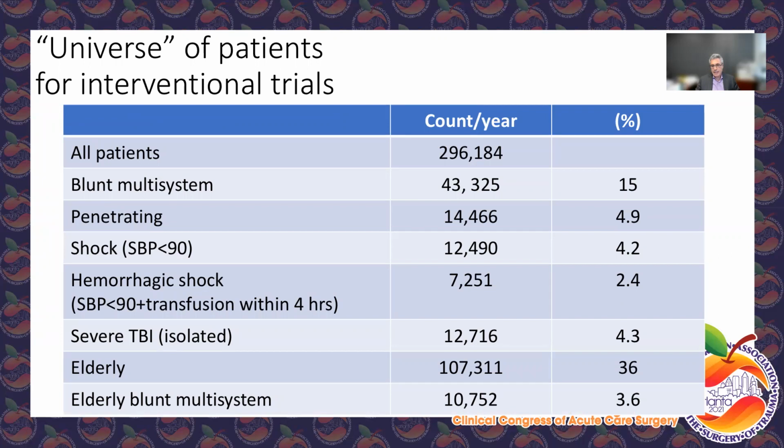Severe TBI, isolated, 4.3%. If you take out the isolated requirement, then about 6.7% of patients meet severe TBI criteria. So this gives you a sense of what the typical sample size might be, and that's assuming you get all centers participating, which is unlikely. So the numbers get small pretty quickly, which is important when you're trying to define your inclusion criteria for your study.